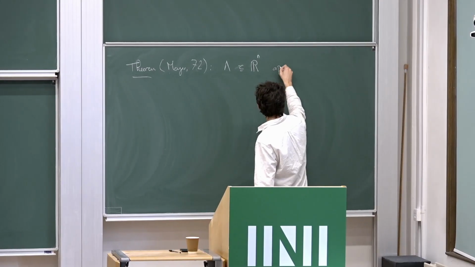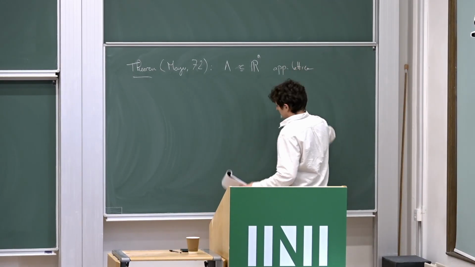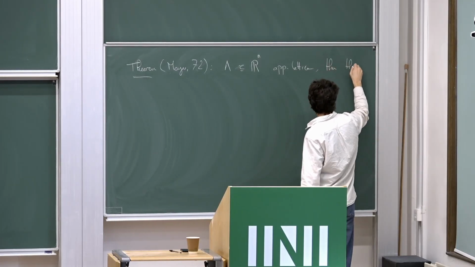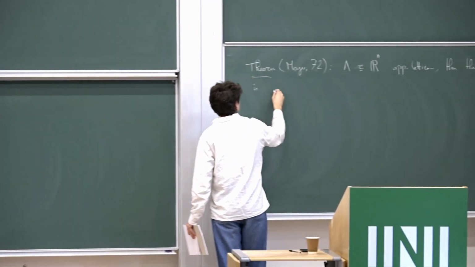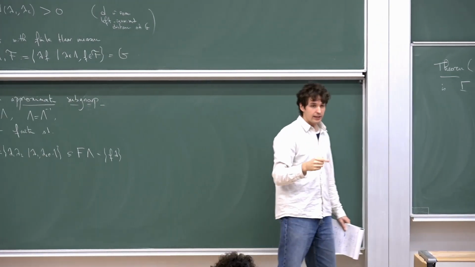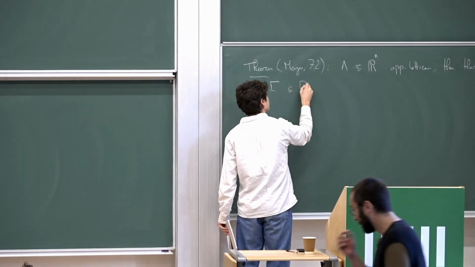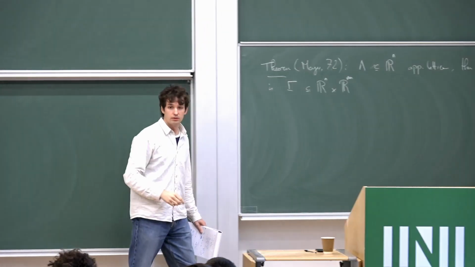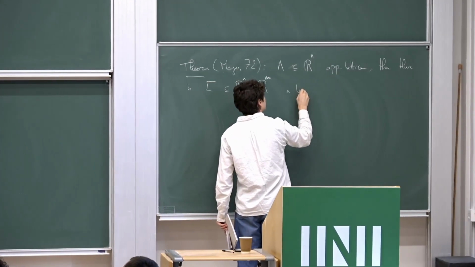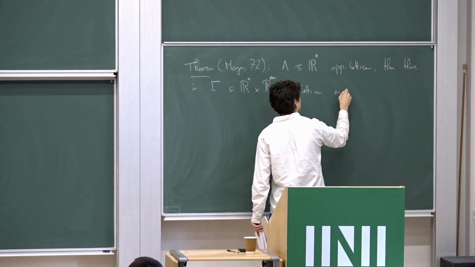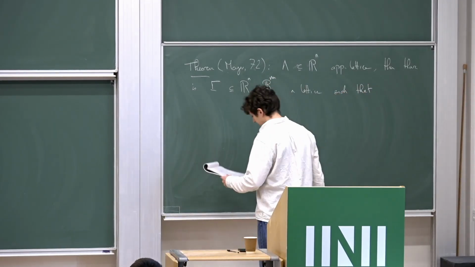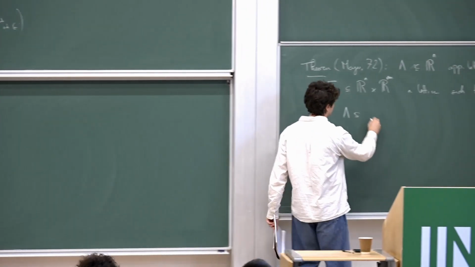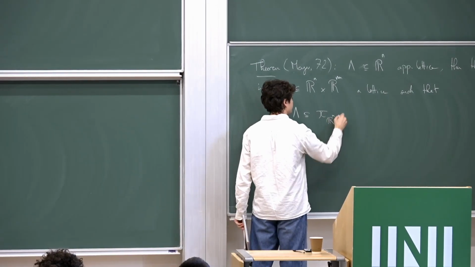So if you have an approximate lattice, then there is a lattice gamma in a higher dimensional group, in Rn times Rm, such that lambda is contained in the projection π of Rn.